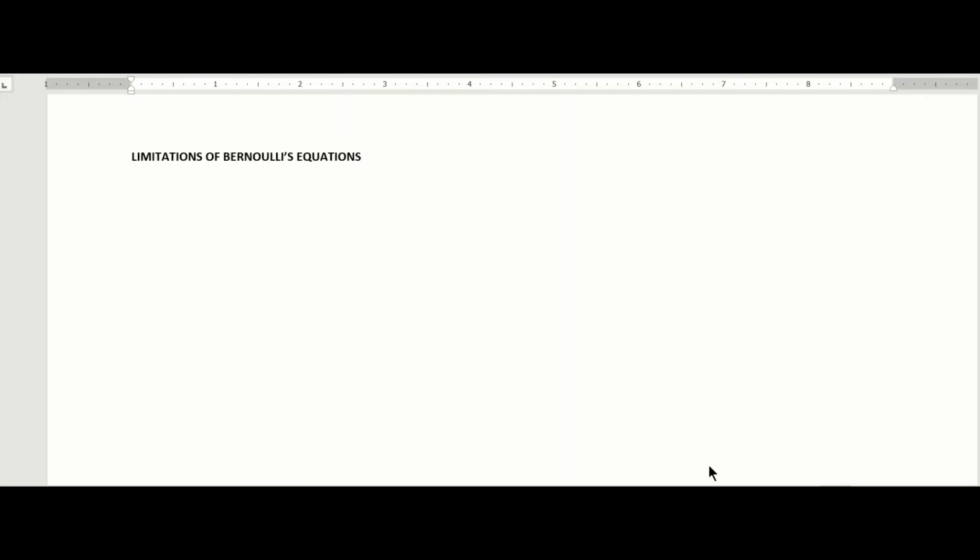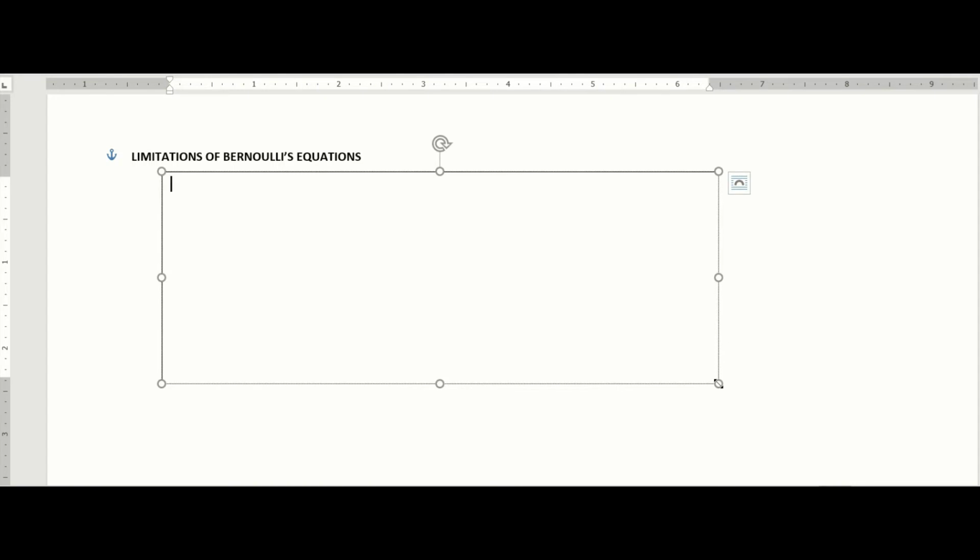Now, Bernoulli equation has some restrictions in its applicability, and they are: number one, the flow is steady. Number 2, the density is constant. Number 3, friction losses are negligible.